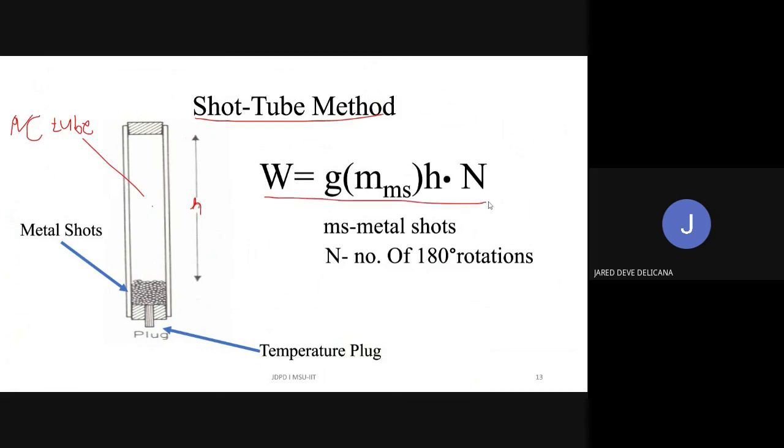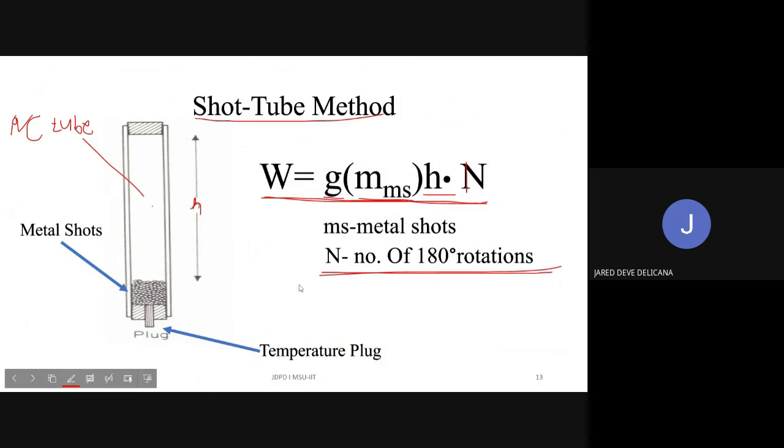And the formula that is expressed here is the work is equal to the acceleration due to gravity g times the mass of the metal shots times the height, in this case the empty space of the PVC tube, and then multiplied by n, the number of 180 rotations. This is just the number of times you change your height.